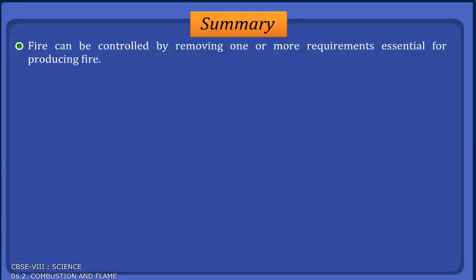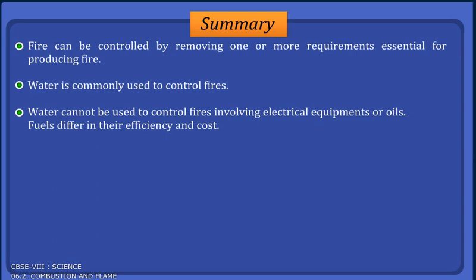Summary. Fire can be controlled by removing one or more of the essentials required for producing fire. Water is commonly used to control fires. Water cannot be used to control fires involving electrical equipment or oils. Fuels differ in their efficiency and cost.